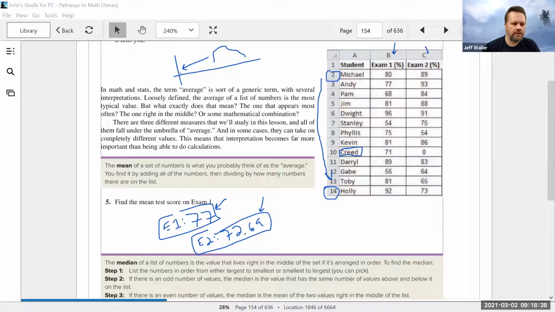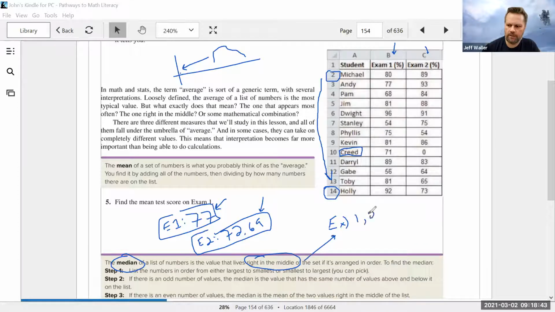All the median is, it's the number that is right in the middle of a set of data.